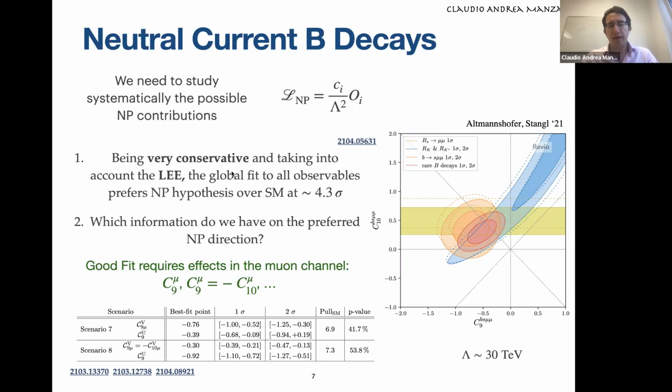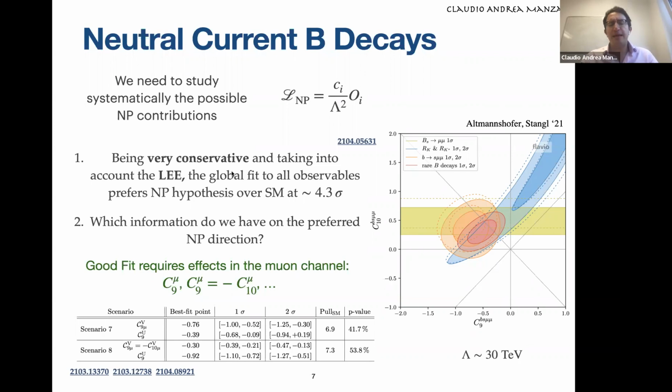one at the 4.3 sigma level, which means that we are still below the 5 sigma level conventionally considered for a discovery, but we are quite close to it. Then, after this, we are interested in detecting the new physics direction, which is preferred by data.